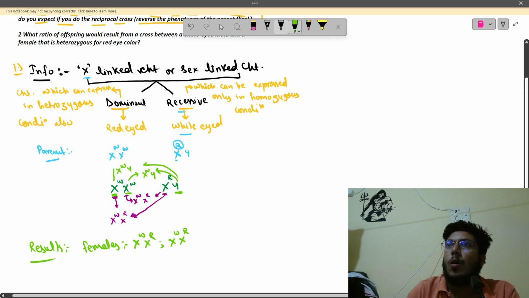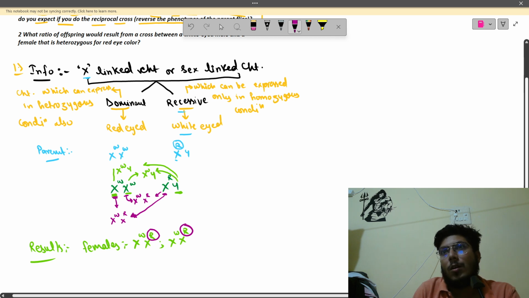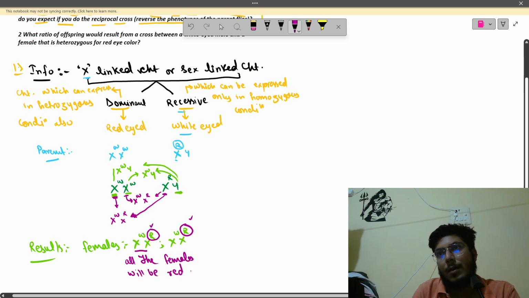On both of the females, we have a dominant allele. So all the females will be red-eyed.